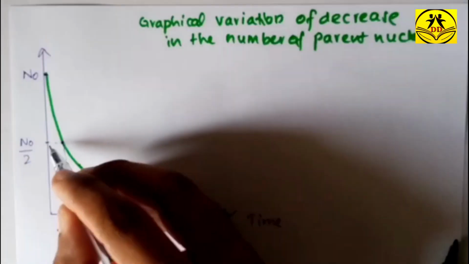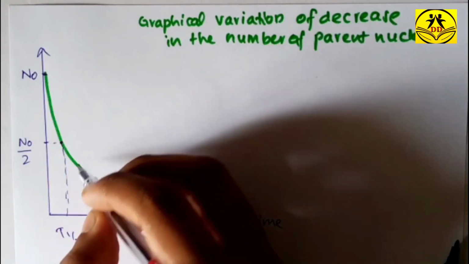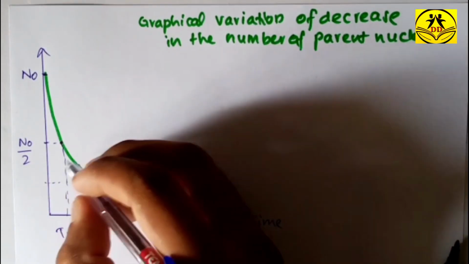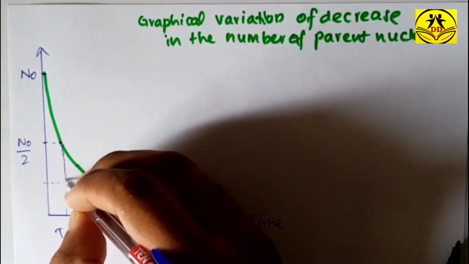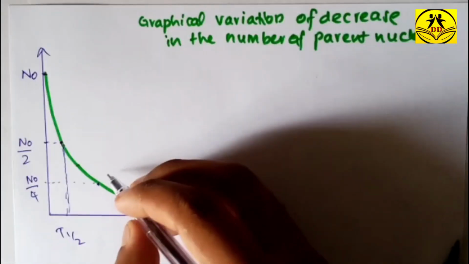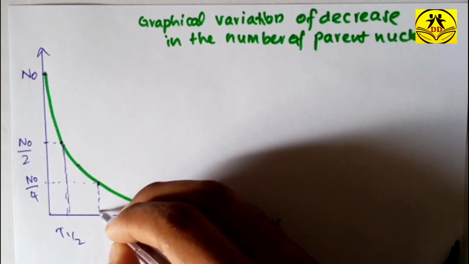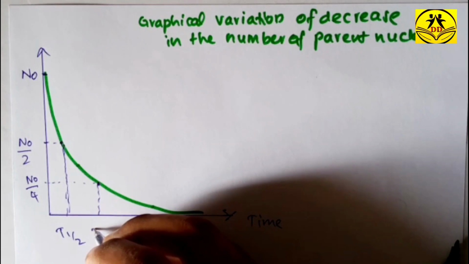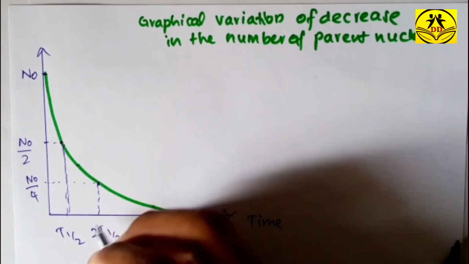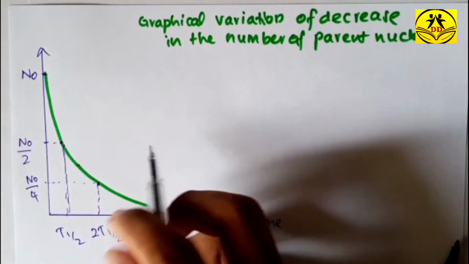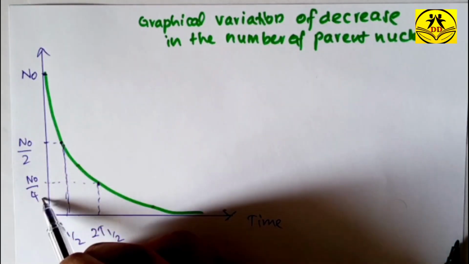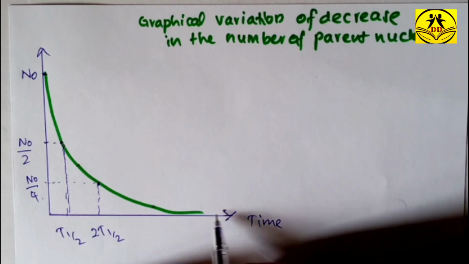This number of nuclei will be halved again to N naught divided by 4 in an equal amount of time, which is 2t half. After 2 half-lives, this number will be halved again. It will never touch the time axis.